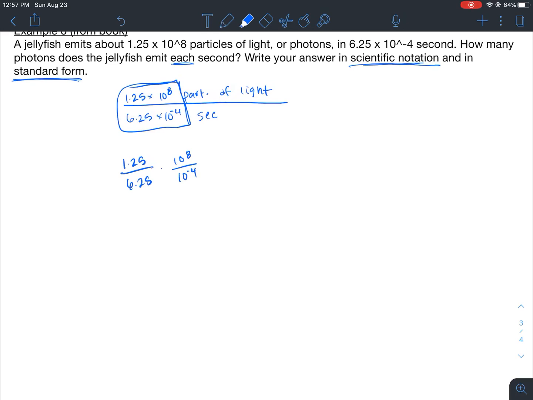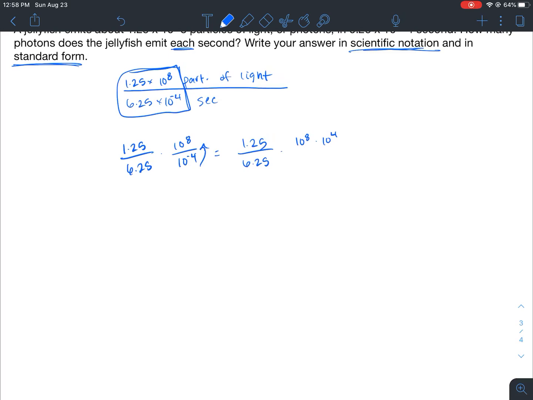Right here, we have a negative exponent, right? So let's make that positive. So 1.25 divided by 6.25 times 10 to the 8, and we're going to move that up there to be 10 to the 4. Just like that.